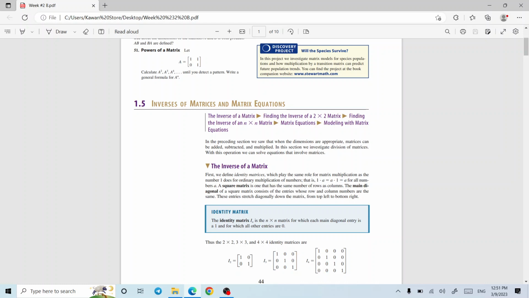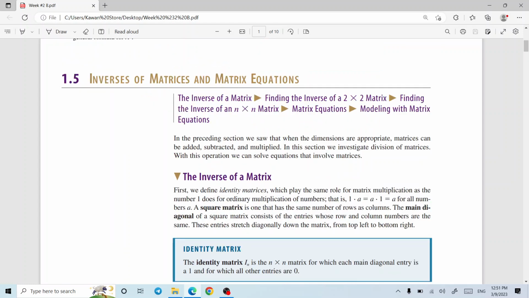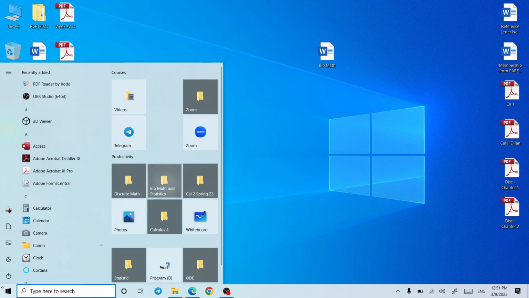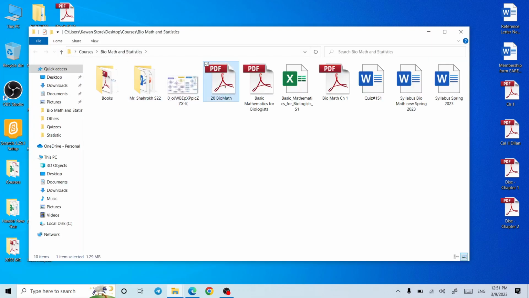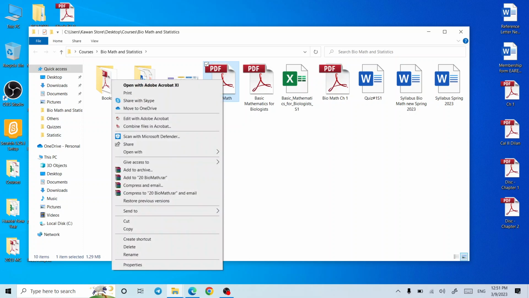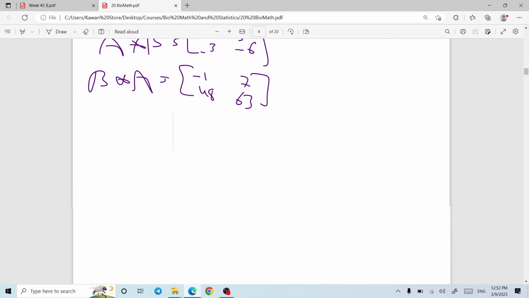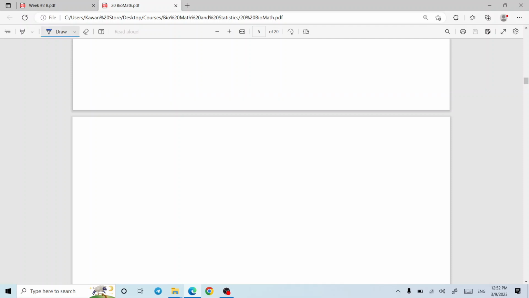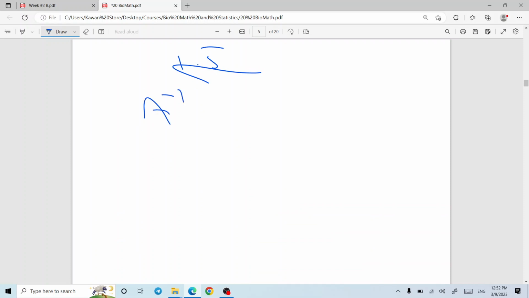We have inverse matrix here. You can see what's the inverse matrix. For example, if I have inverse of matrix, we symbolize it like that.